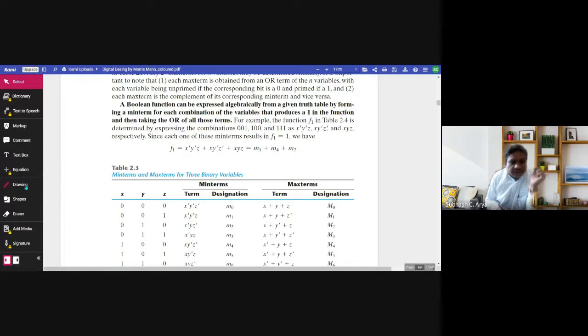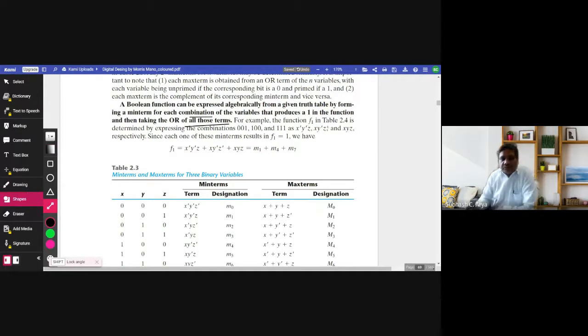In fact, some of you have tried to formulate a problem, written the truth table and then the function. That was a good attempt to understand how to write minterms, how to write the function, how to formulate problems, and how to implement them. So this was a good exercise.